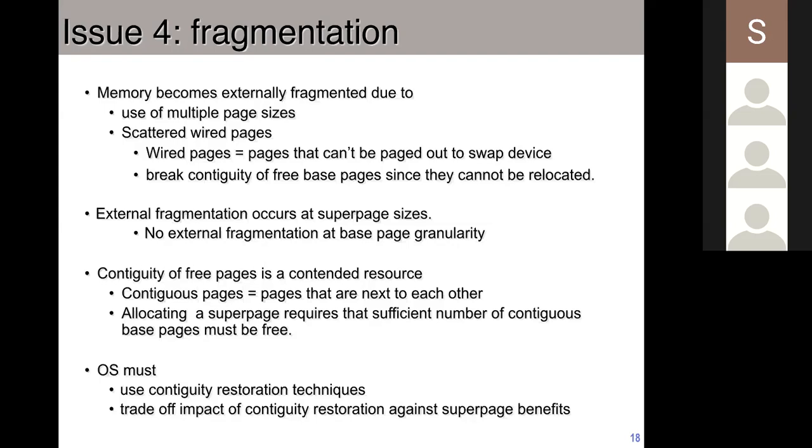All right, so Jeremy has a question. Do pages that are grouped into super pages usually share attributes? For example, belong to the same process or have the same access permissions? So yes. By attributes, we mean readable, writable, executable.